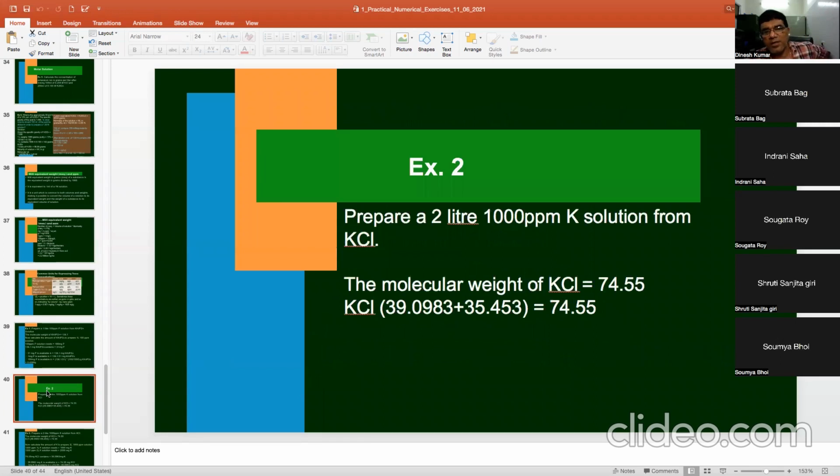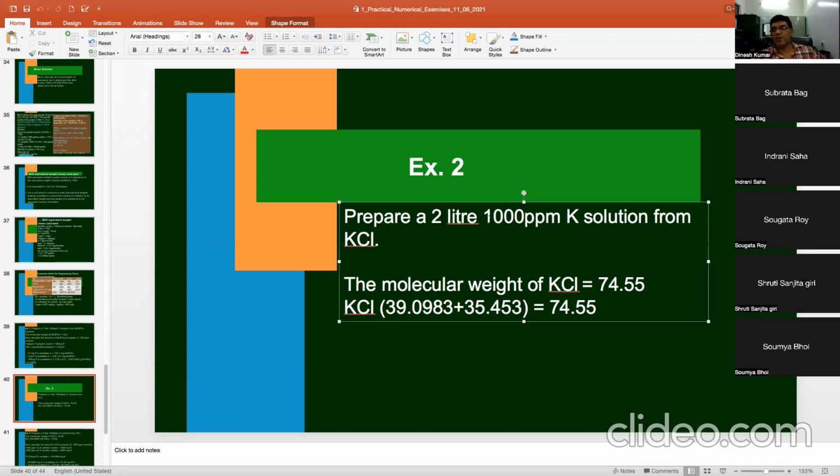Now next is prepare a 2 liter 1000 ppm K solution from KCl. So this is a problem. The molecular weight of KCl is 74.55. 1000 ppm means you need 2000 milligram for preparing a 2 liter 1000 ppm solution. So 2000 milligram, because it is 2 liter.